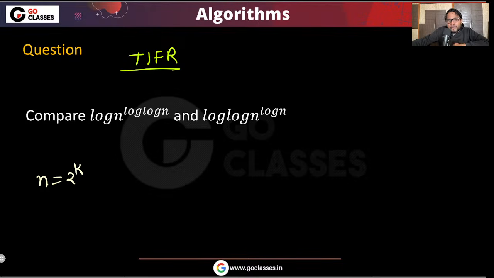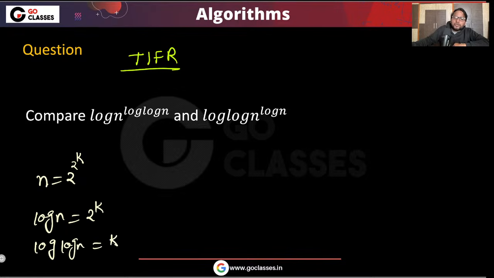Since it is 2 times log, we can assume n is 2 power k, such that log n will be k. So we are taking n in some form.